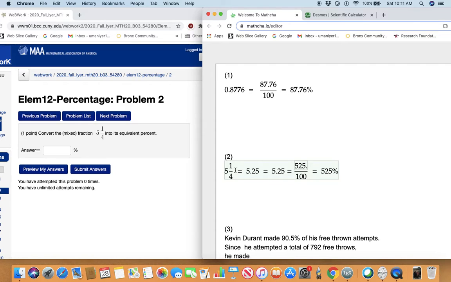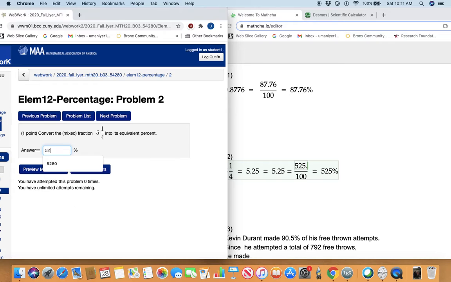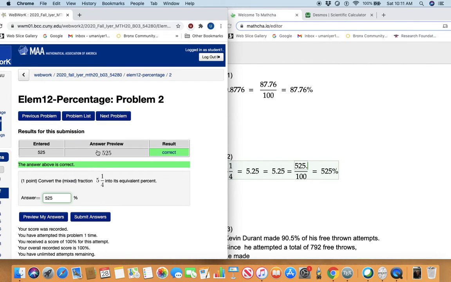So I repeat, 1/4 is 25 cents. Therefore, 5 and 1/4 is 5.25. 5.25 is 525 over 100, which is the same as 525%.